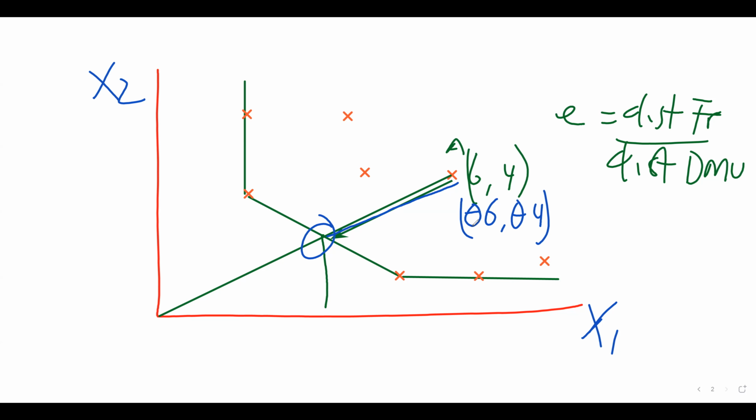But in the process of minimizing theta, theta is multiplying some things, so it reduces their content. So you are minimizing theta along the radial line until it hits the frontier. That theta will help us minimize the 6 and 4 inputs towards the optimum level. With that understanding, you need to learn how to formulate the linear program.